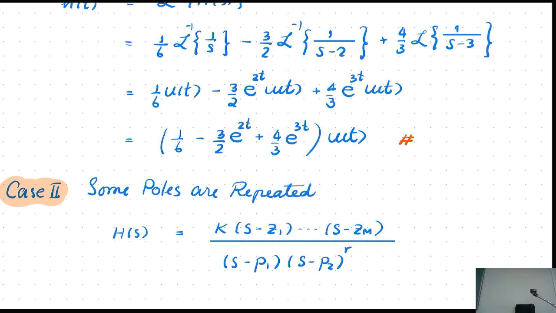So how many zeros are there? There are m zeros, as in the previous case. But how many poles are there? There are r plus 1 poles. Out of r plus 1 poles, the last r poles are repeated.